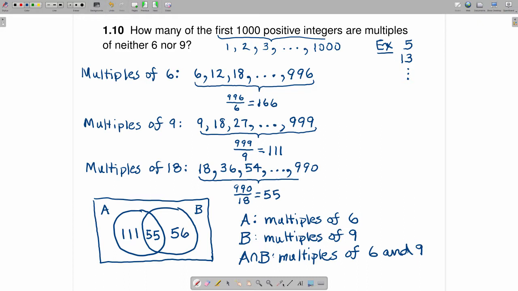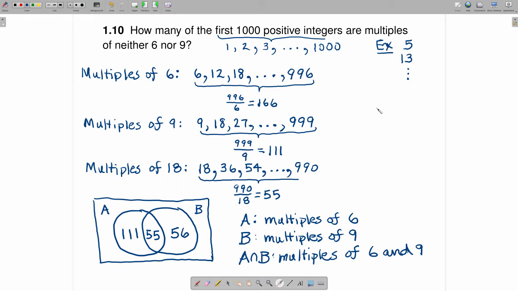So finally, to see what we have, you've got 55 that are multiples of 18. You've got 111 that are multiples of 6 that are not multiples of 18. And you've got 56 that are multiples of 9, which are not multiples of 18.